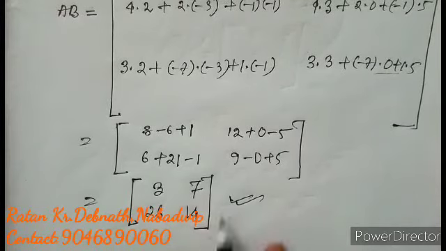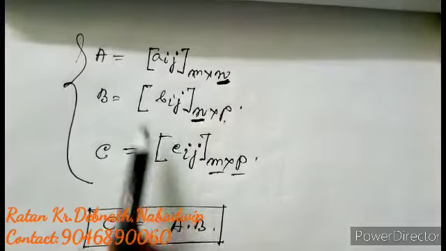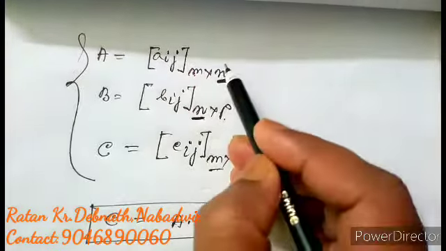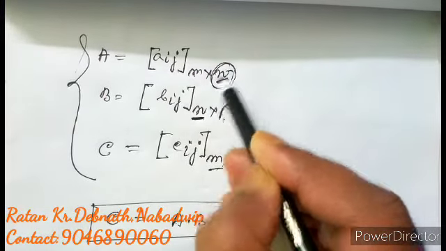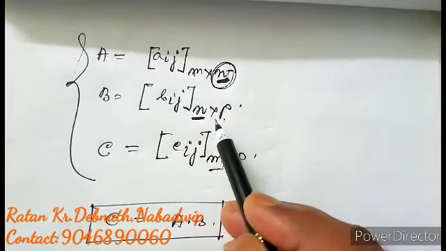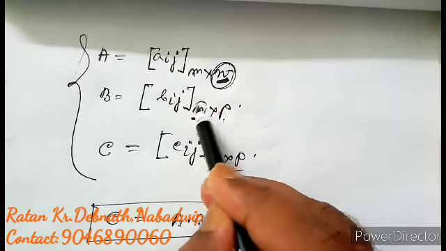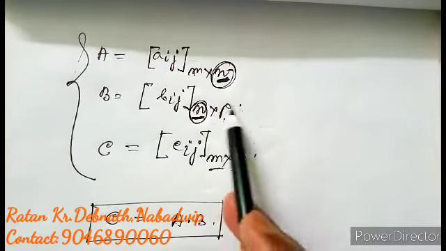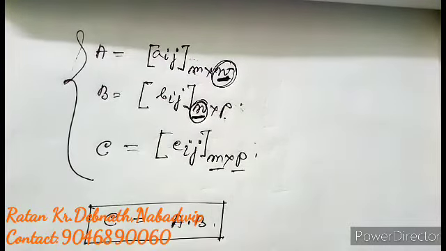And clearly the order of the resultant matrix is 2 cross 2. As we previously said, we can multiply only when the number of columns of the first matrix equals the number of rows of the second matrix, and then the order of the resultant matrix will be m cross p.